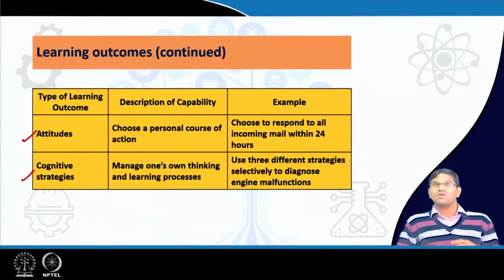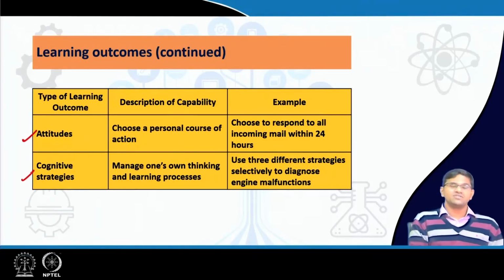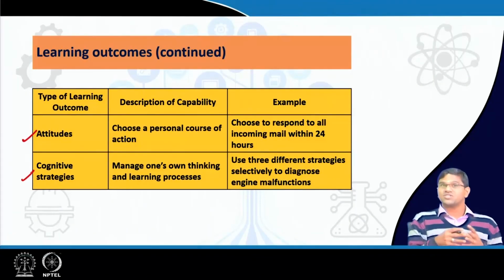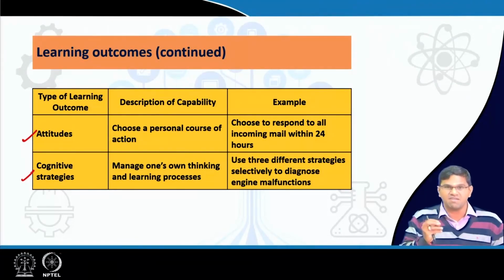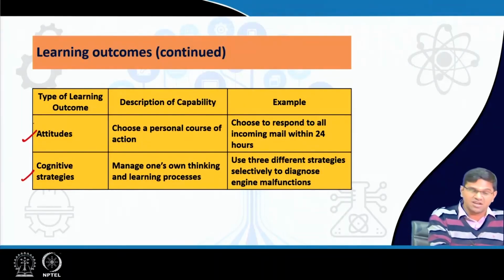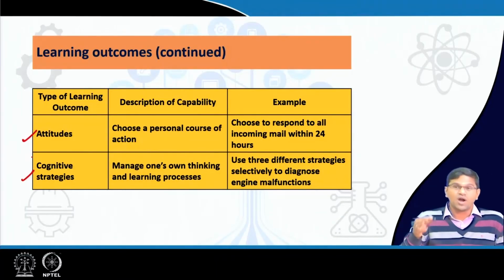Can you come up with a strategy to diagnose the possible reasons why the engine has malfunctioned? This focuses on the thinking and learning process. Can you identify the ways in which you can find problems in a machinery?